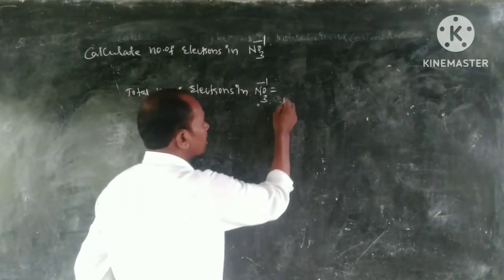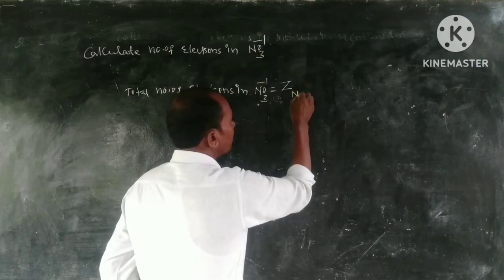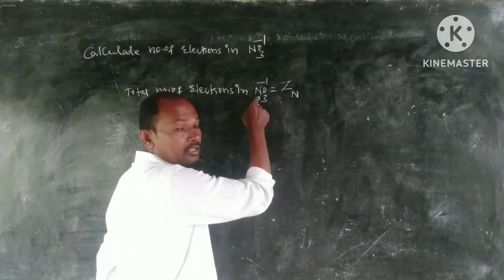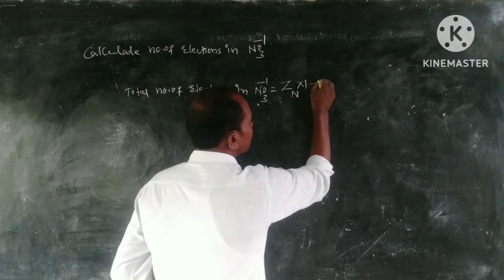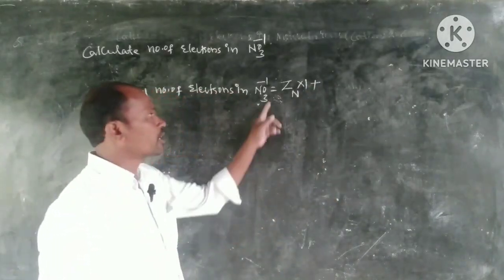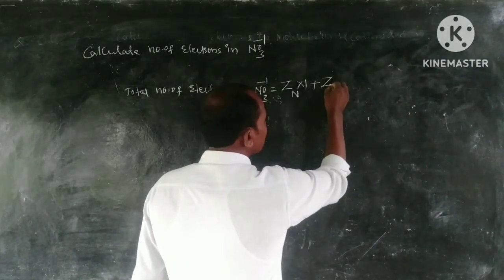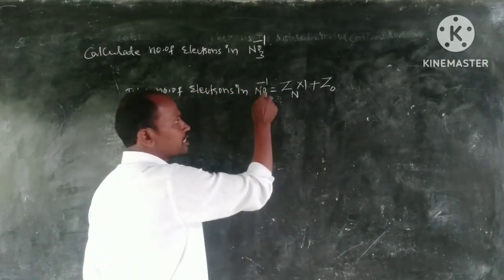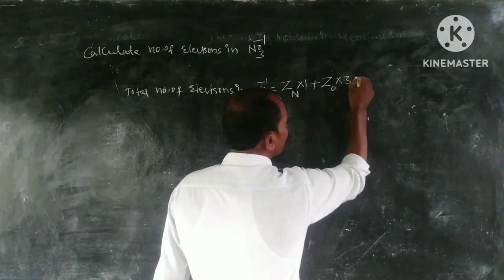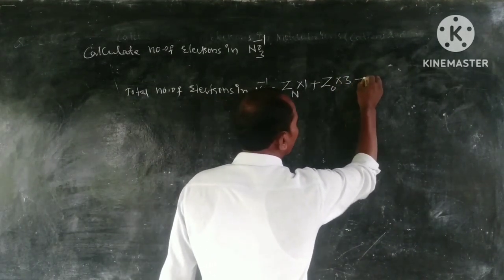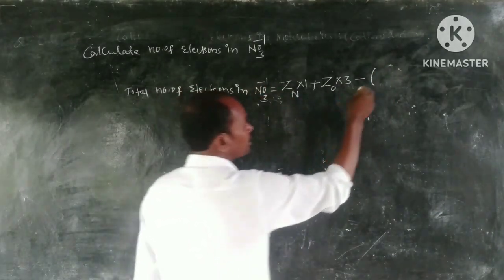First take the atomic number of nitrogen, Z of N. How many nitrogen atoms are there? Only one, so into 1, plus the atomic number of oxygen into how many oxygens? Only 3, so into 3, minus the charge of the ion, which is minus 1.